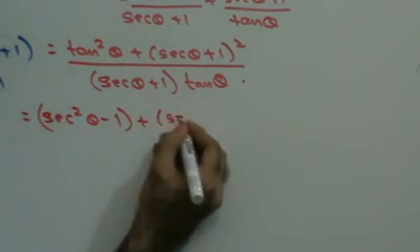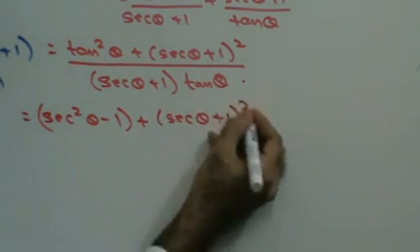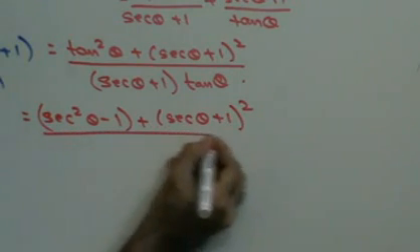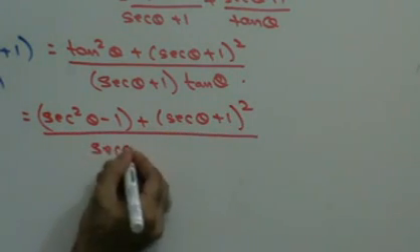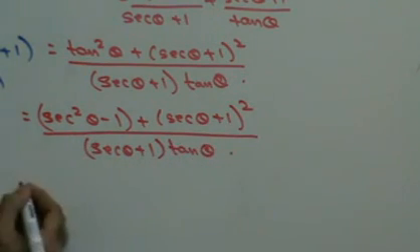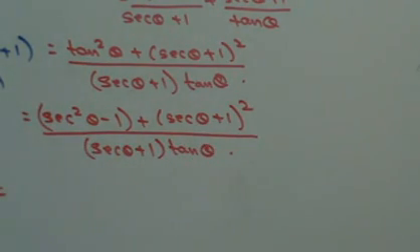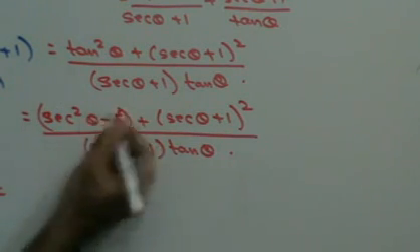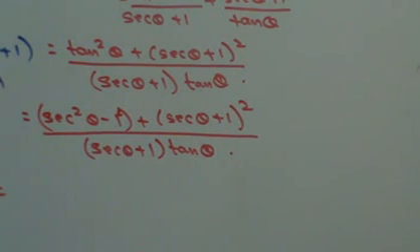plus sec theta plus 1 the whole square upon sec theta plus 1 into tan theta. This sec square theta minus 1 is in the form, 1 can be written as 1 square, a square minus b square.